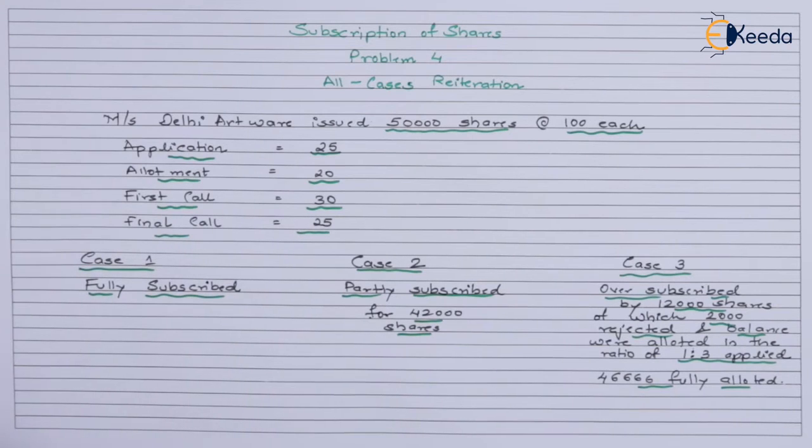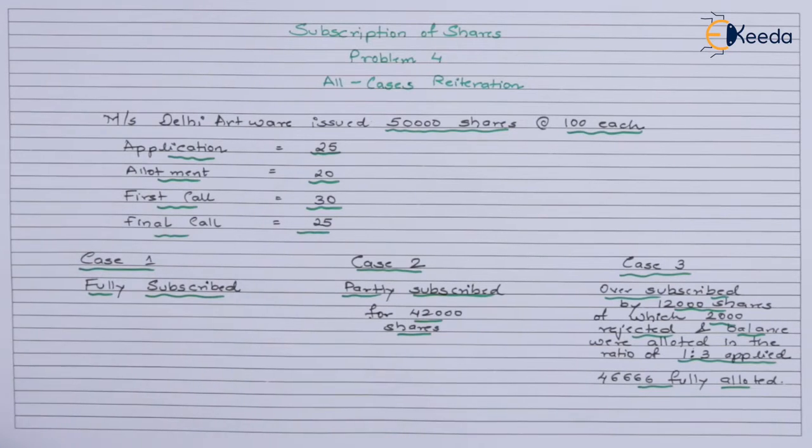Now case 3 refers to oversubscription. In this oversubscription, they have mentioned certain details. 12,000 shares were oversubscribed. That means when we had issued 50,000 shares, we received applications for 62,000 shares, because they have mentioned it was oversubscribed by 12,000 shares. Out of those 62,000, we have rejected 2,000 shares and the balance has been adjusted accordingly.